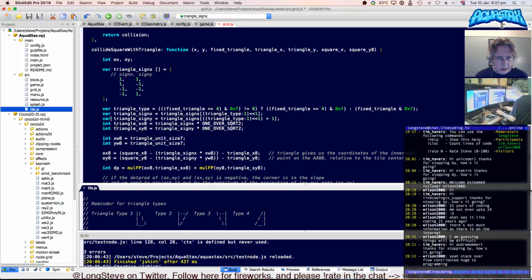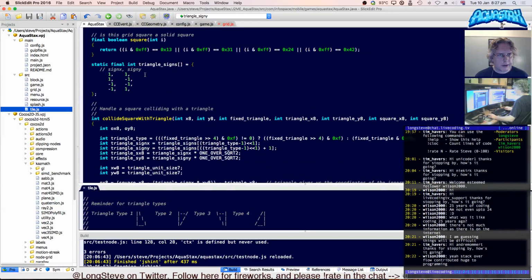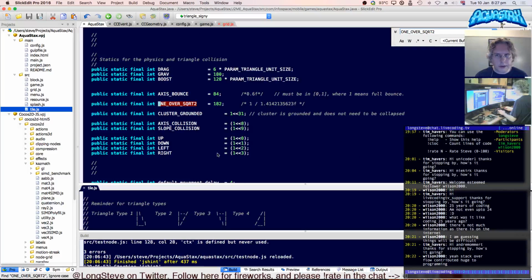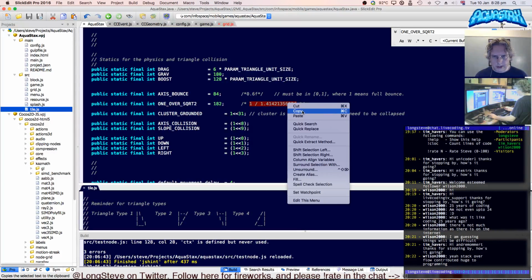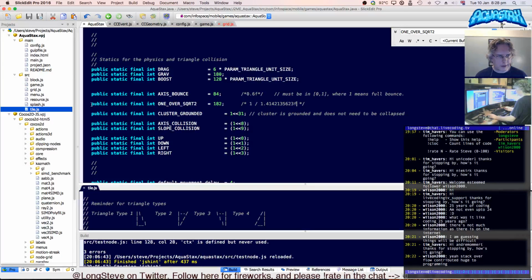And then we use 1 over square root of 2 multiplied by the sine. I presume that's just a constant, is it? 182. That's fixed point maths, but it looks like it uses that. I'll borrow that.